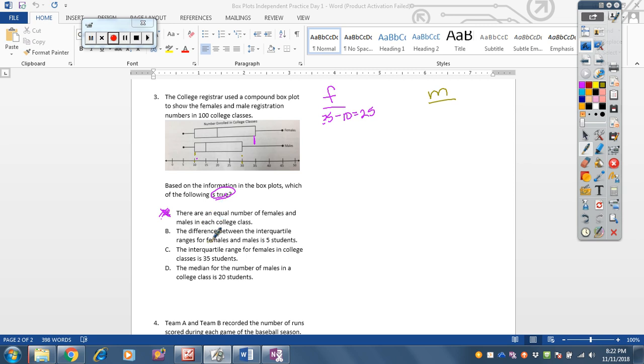So find the interquartile range for the males and decide if B is true. C says the interquartile range for females in college classes is 35 students. Well, that's the upper quartile, but that's not the range. And D says the median for the number of males in a college class is 20 students. So remember, this is your median.